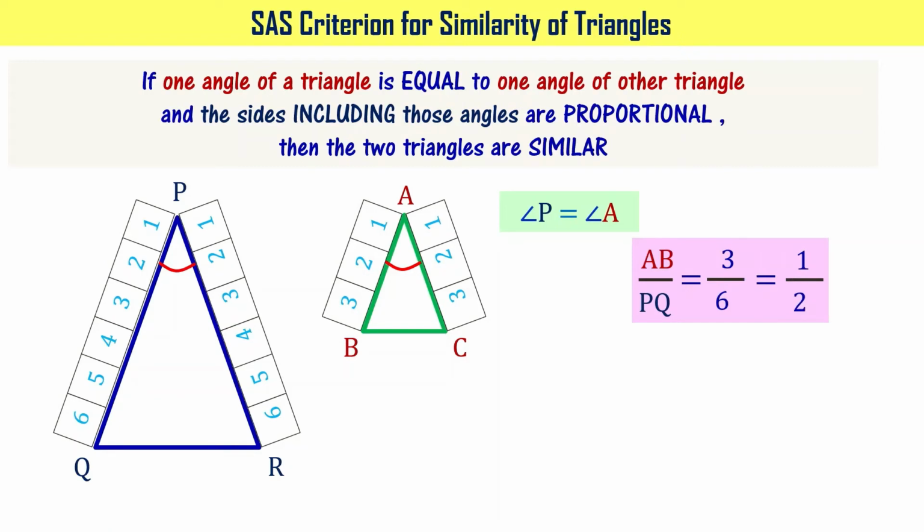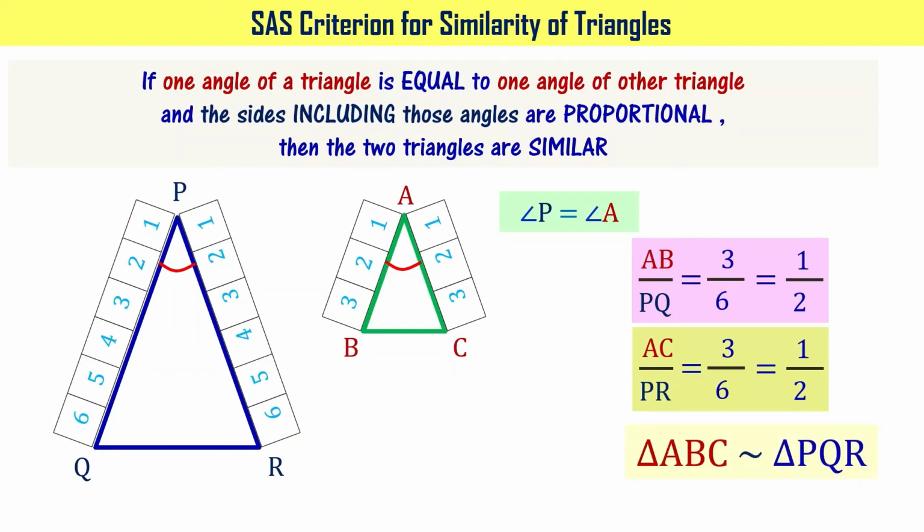Now, if you take their ratio, AB by PQ equals 1 by 2 and AC by PR equals 1 by 2. It means the sides including those angles are also proportional, right? Now, as per the SAS criterion of similarity of triangles, we can say that triangle ABC is similar to triangle PQR. Please note this point.